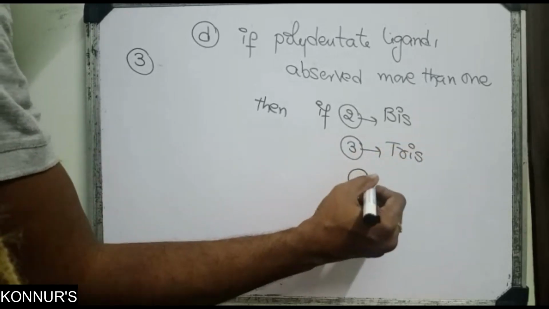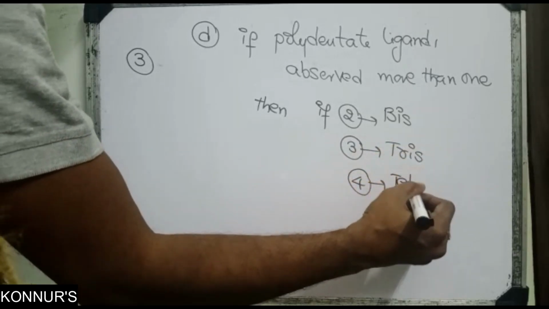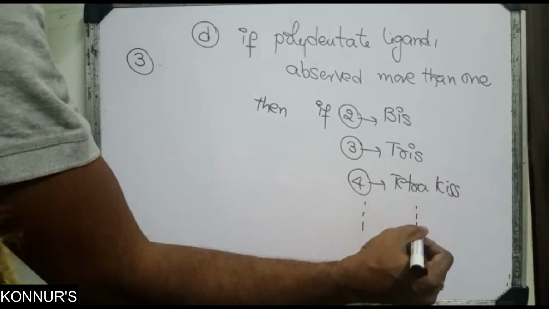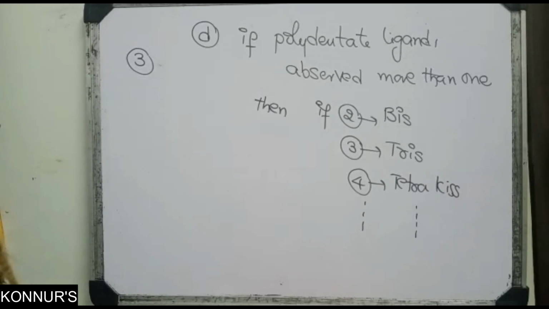If four, you write tetrakis, and you can extend like that. If monodentates are more than one, di, tri, tetra. If polydentate ligands are more than one, two is bis, three is tris, and like this.